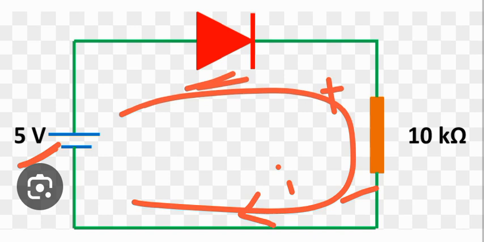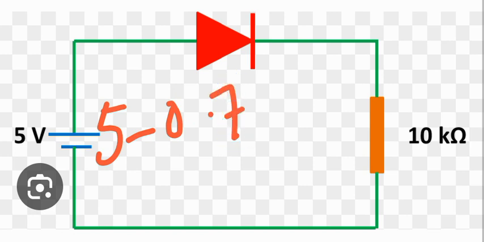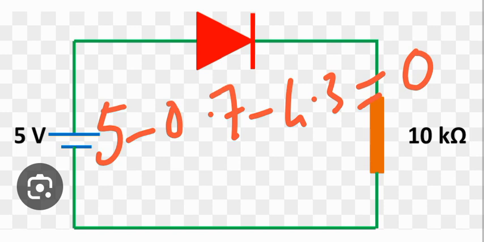So we can write the equation 5 minus 0.7 volt minus 4.3 volt is equal to 0. So that is how we can actually determine the KVL and the KCL.